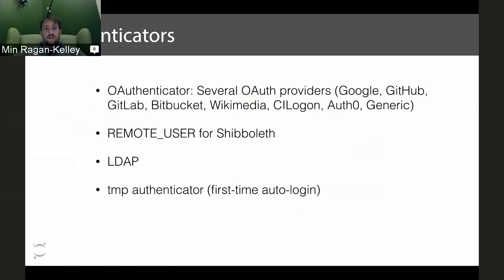And there are some of the common authenticators that have been written so far. People have contributed implementations for a variety of services. There's a remote user one for putting JupyterHub behind a Shibboleth-authenticated Apache instance. There's an LDAP authenticator, and then UV wrote a temporary authenticator as a step toward replacing tmpnb with a JupyterHub instance.